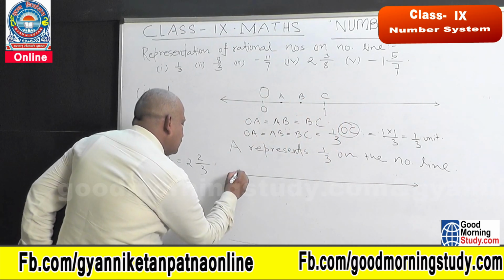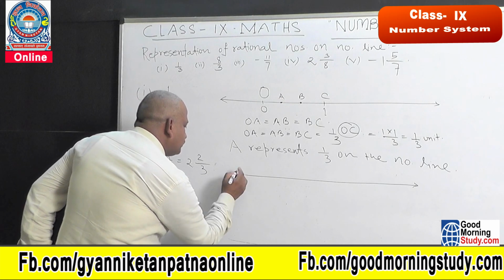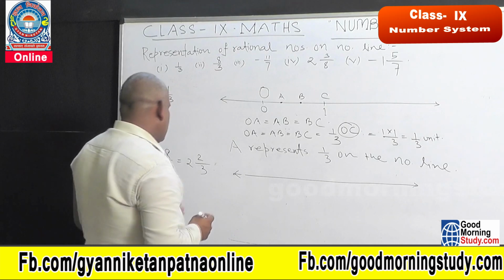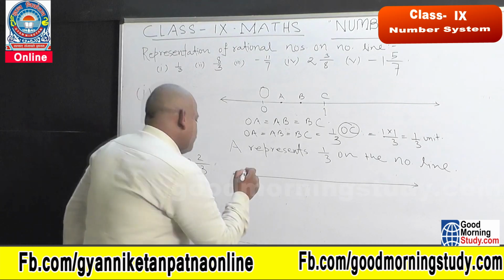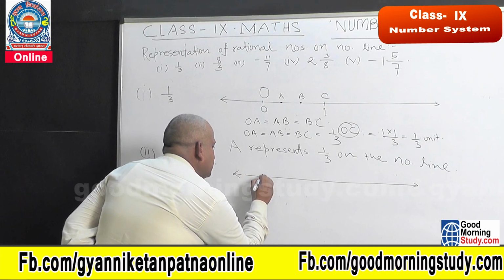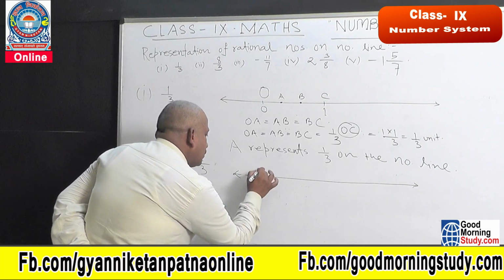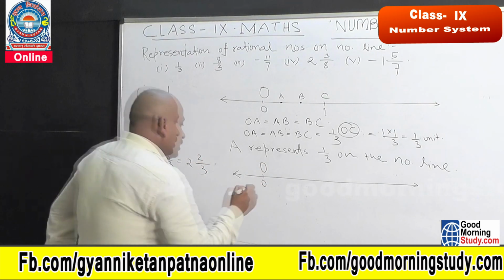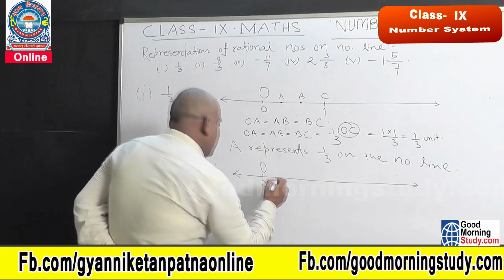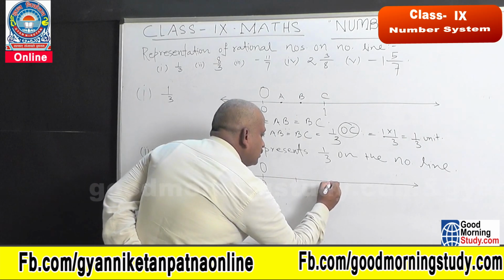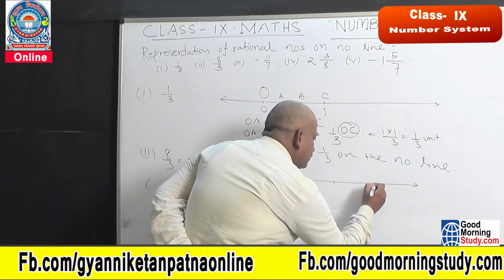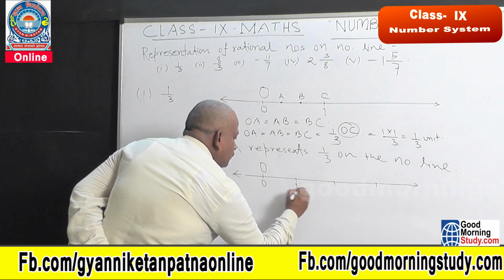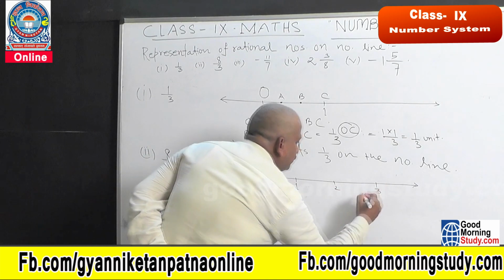Since this is line, so arrow should be at the both end, because line will extend infinitely in both the direction, and since this is positive rational number, so one point here I am taking, I am calling this as O, and O represent here 0, and this is 1 unit, this is 2 unit, and this is 3 unit, and this I am calling 1, this is 2, and this is 3.